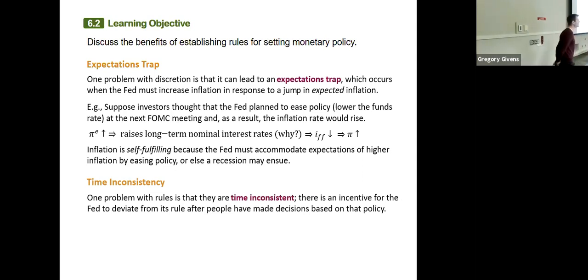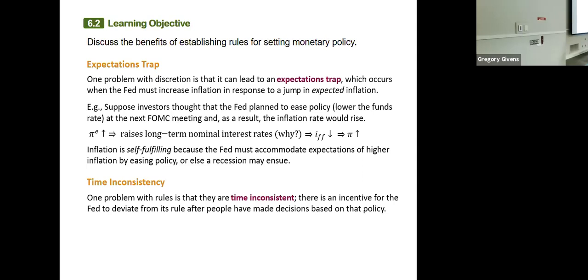Time inconsistency results when a central bank chooses a policy at one date, and then the private sector makes decisions and plans based on an expectation of that policy playing out in the future.